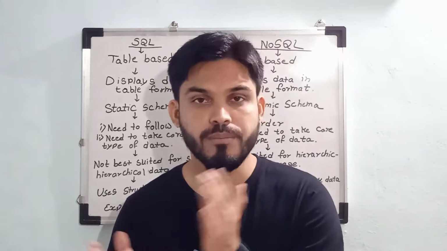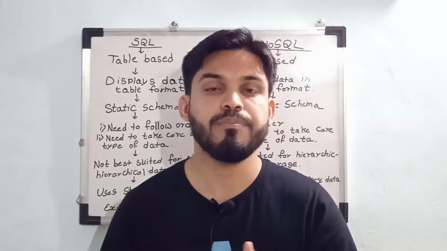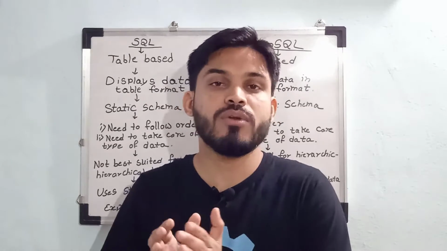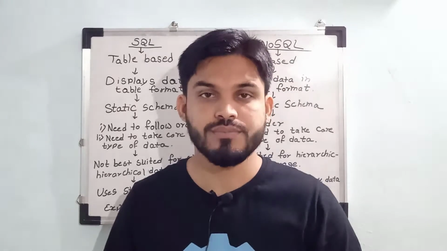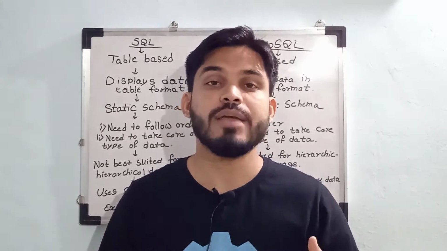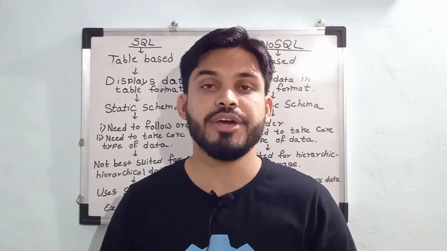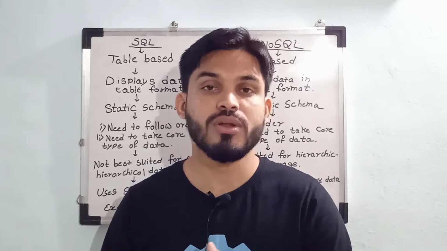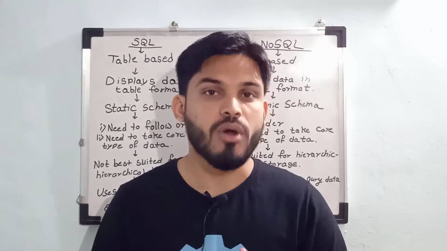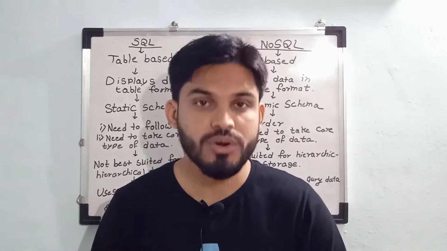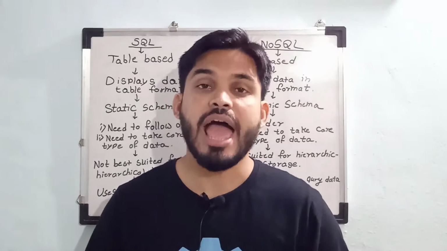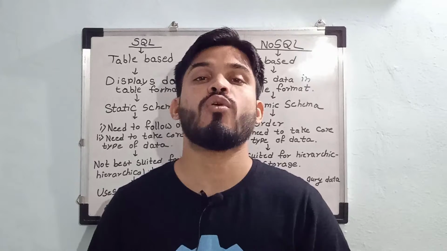We cannot jumble or we cannot skip any column. We need to follow that particular order of column. Another thing is I need to take care of type of data which I am entering in that particular column. It means in salary column I cannot store string value, and in name column I cannot store float value.